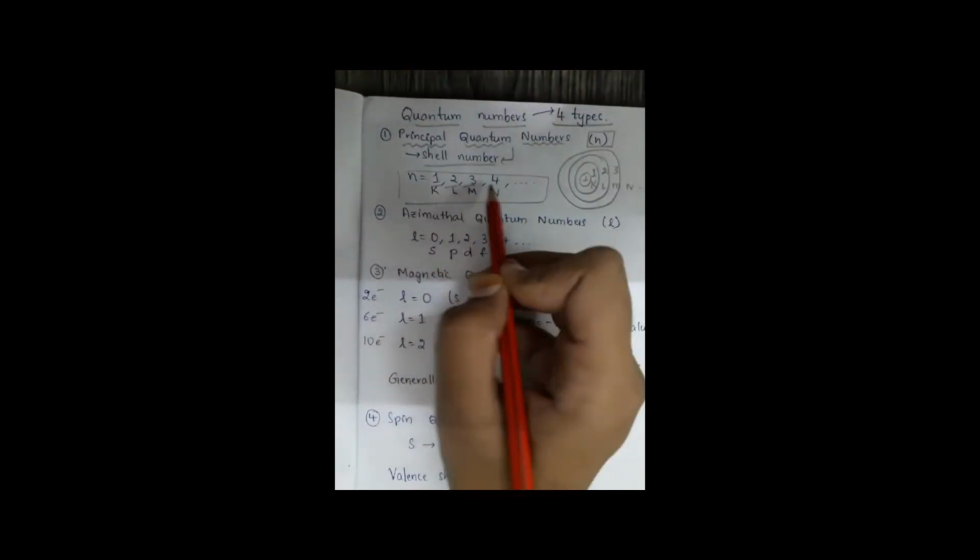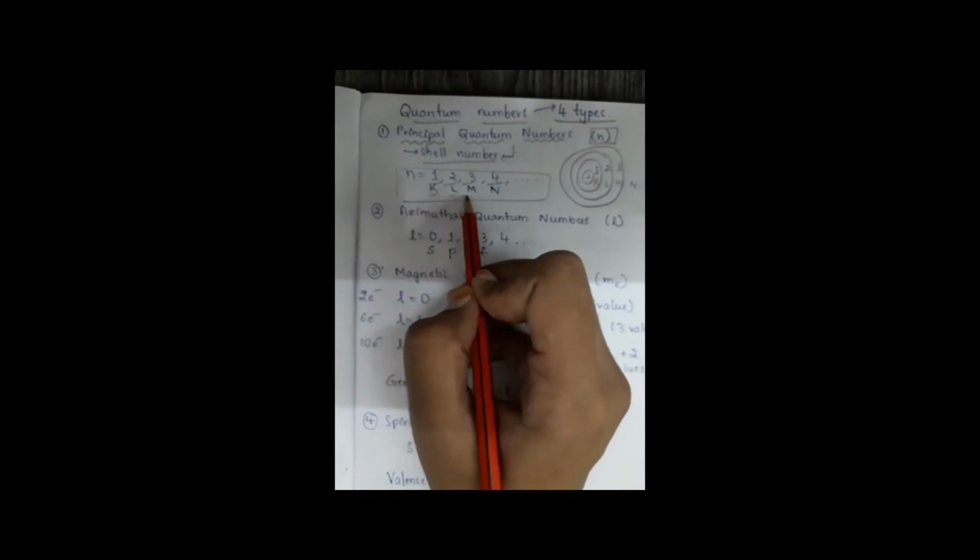When we consider principal quantum numbers, n is equal to 1, 2, 3, 4, and so on, and it represents K, L, M, N respectively. 1, 2, 3, 4 are natural numbers, and they are named so because they represent the shell number.